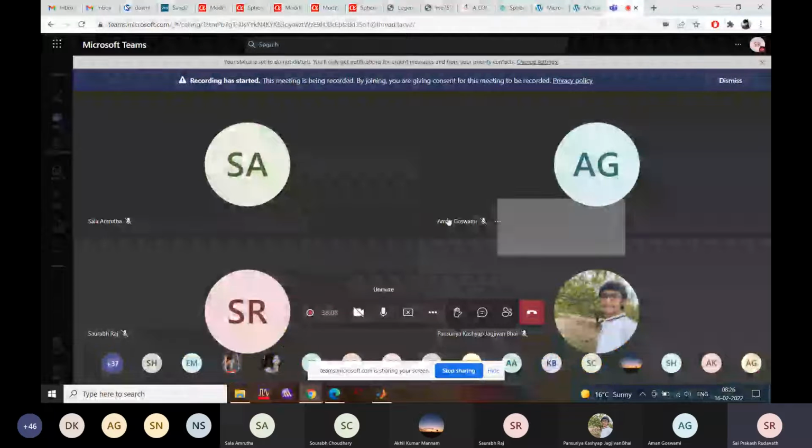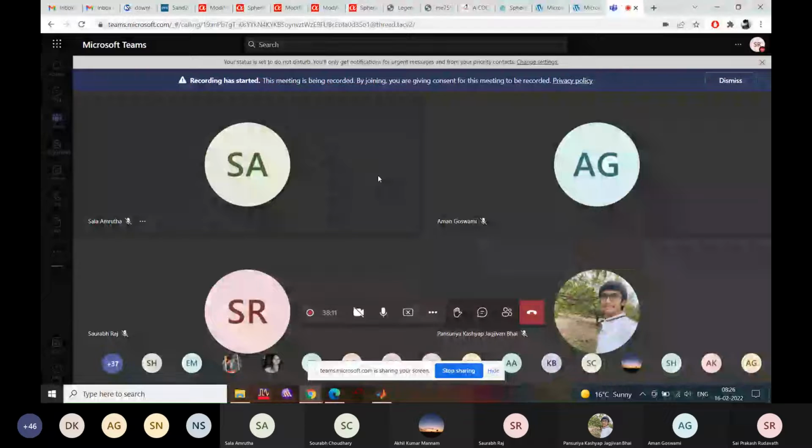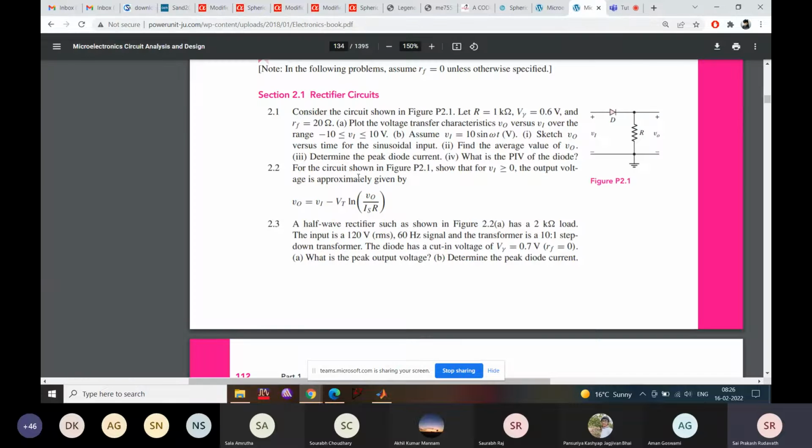So, what is the output you are getting for positive cycle? Plot the voltage transfer characteristics V out versus V in for the range of -10 to 10.